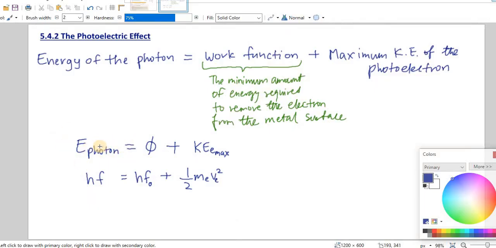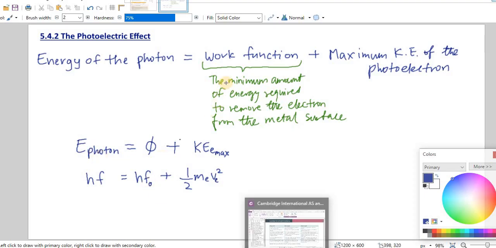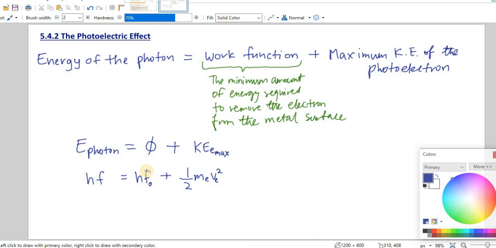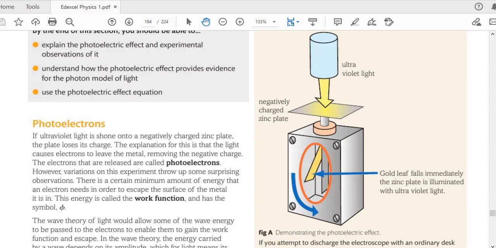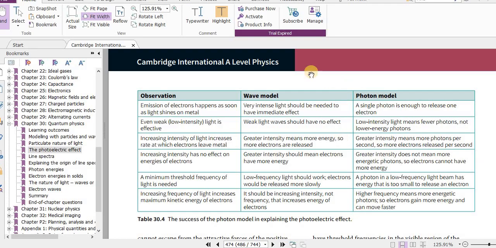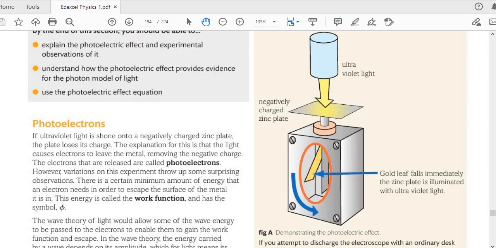If the energy of the photons is less than the work function, no matter how much light falls on that metal surface, there will be no photoelectric emission, because you need a minimum frequency for photoelectric emission to occur. That means it depends on the wavelength or the frequency of the light falling on the metal surface. Okay, so I think that's clear, and it is also summarized in this table. They are comparing the wave and the photon model here.